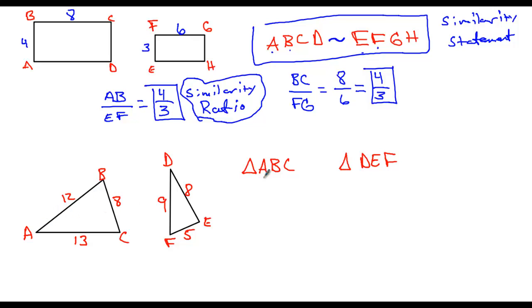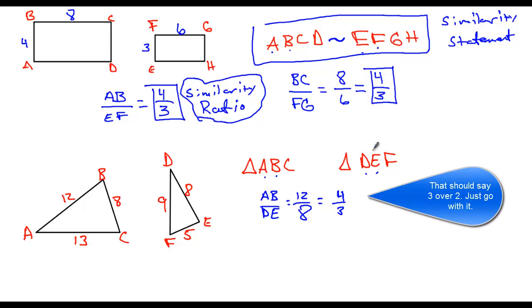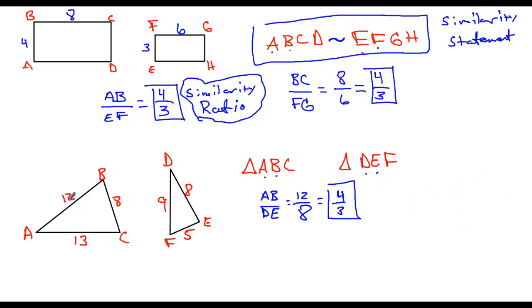So let's start out with some corresponding sides. So AB over DE. All right, AB is 12 and DE is 8. Well, I can simplify that into 4 over 3, right? Because I just used it again up there. So 4 over 3 is the similarity ratio between AB and DE.